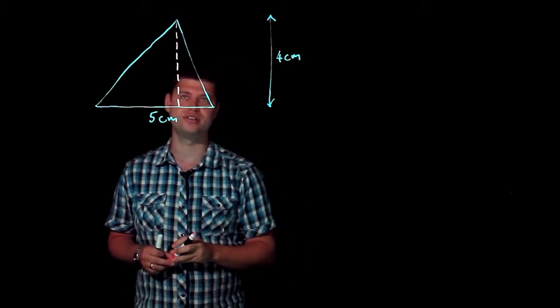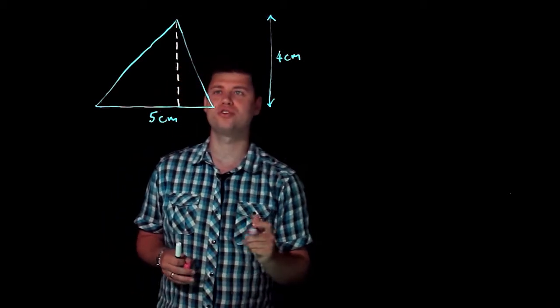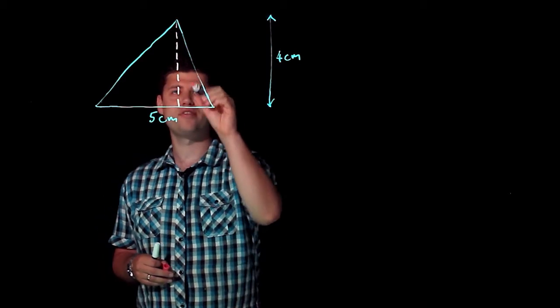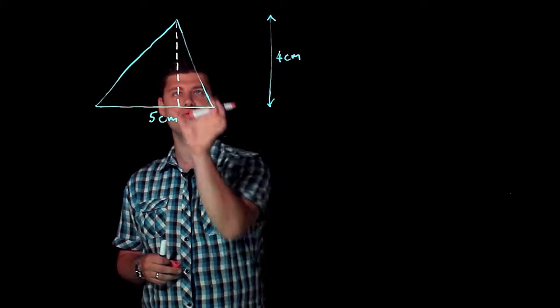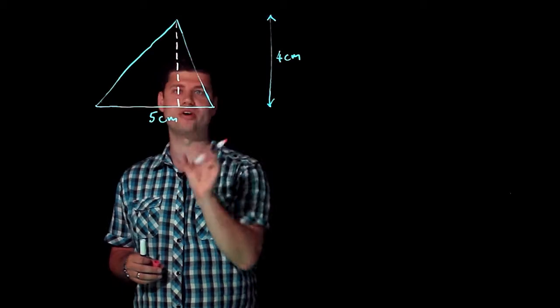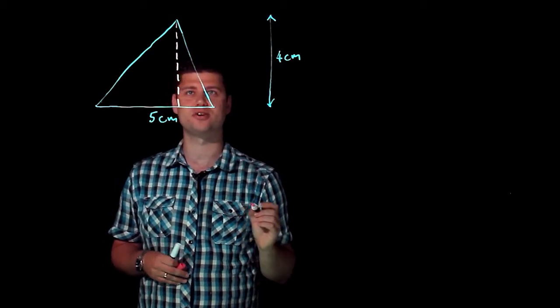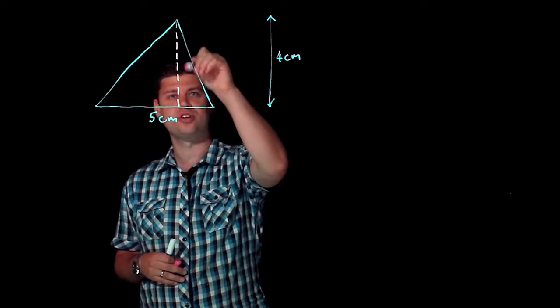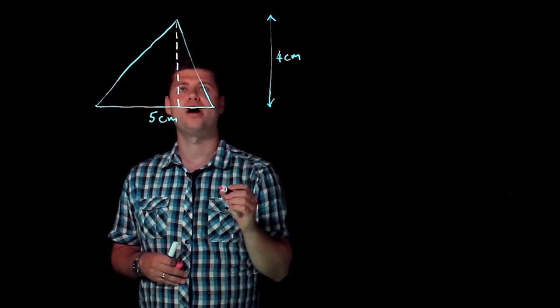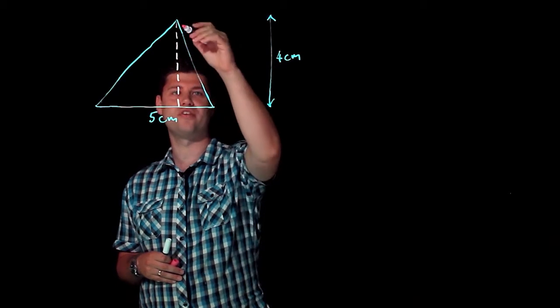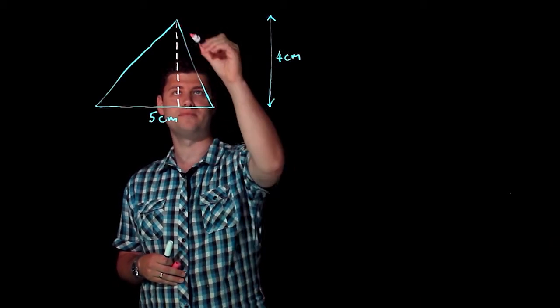Now what you'll also notice is that if I was to duplicate the triangle that I've got here, we've split this big triangle into two different triangles now. So the first thing I'm now going to do is take this triangle here and draw another one that's exactly the same.